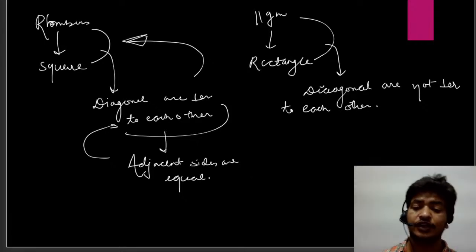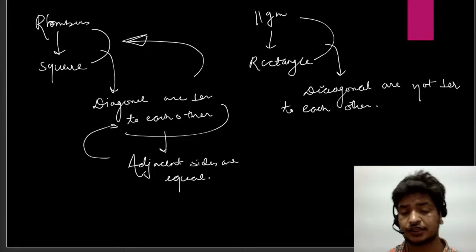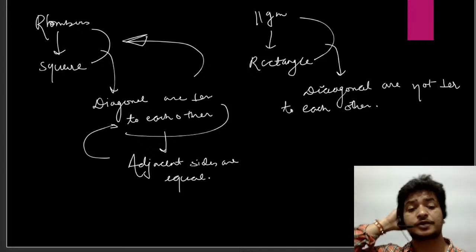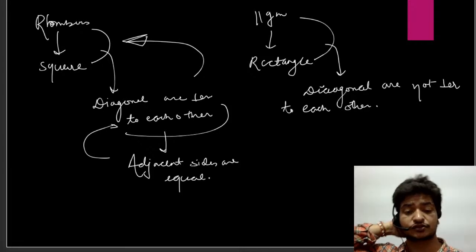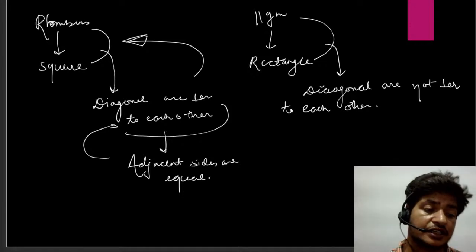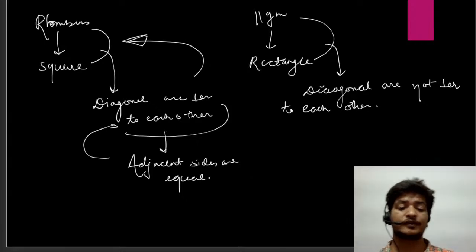Other than that, we are not having any shapes that resemble this property. So क्या कहेंगे, diagonals are perpendicular to each other. This property is only applicable in rhombus and square, but not in any other quadrilateral. Okay, hope you have understood this thing.